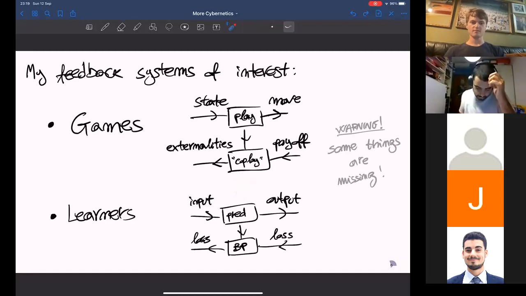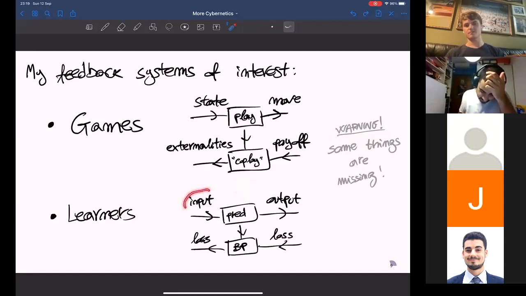So a learner can also be seen as a feedback system. So I say here, there are some things missing here, so it's kind of a bit awkward to look at, but later we'll see it's more compelling. But we can envision a learner as something like a function. This is the function I'm trying to predict.